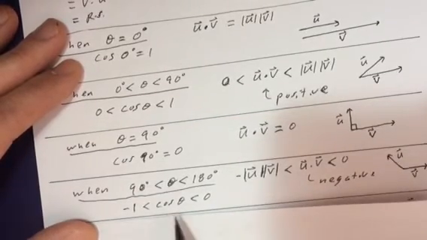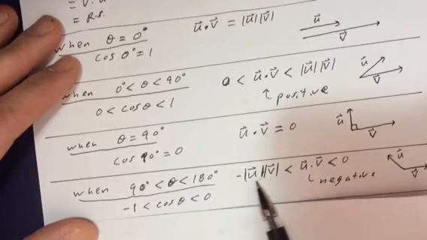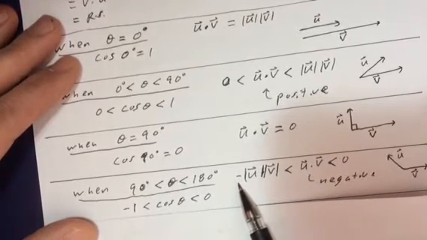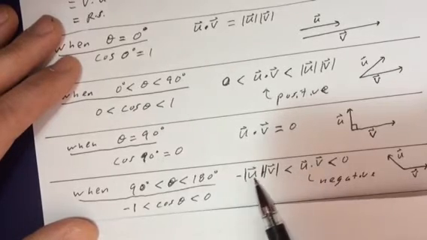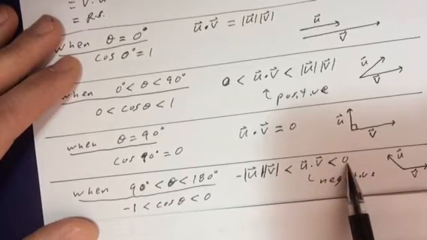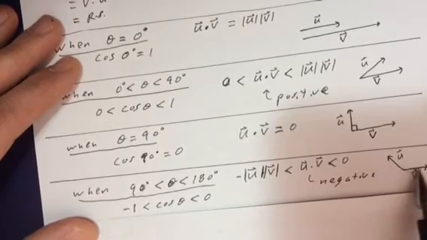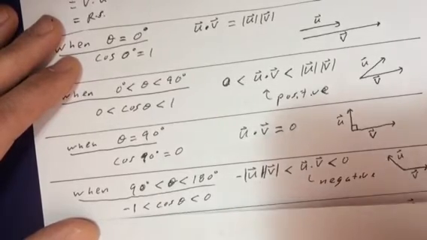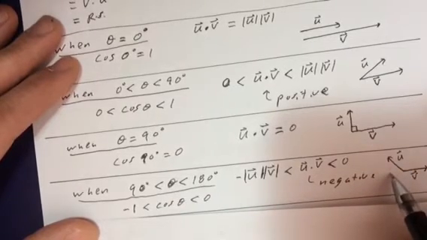And if that's true, then you're multiplying the magnitudes by a negative number. So u dot v is going to be between negative magnitude of u times magnitude of v and 0. So u dot v is going to be a negative value, and the vectors will look like this. So when you're dot producting these two vectors, you're taking a negative projection times a positive number, you're going to get a negative number.